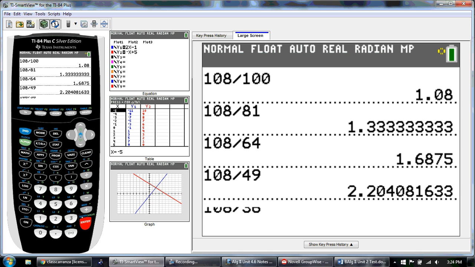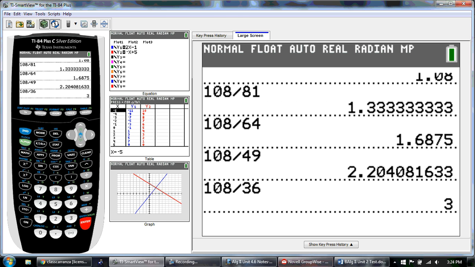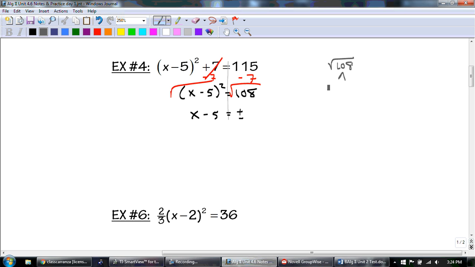So 36? Yeah, 36. So this breaks down to the square root of 36 and the square root of 3, and the square root of 36 is 6. So we have 6 square root 3.